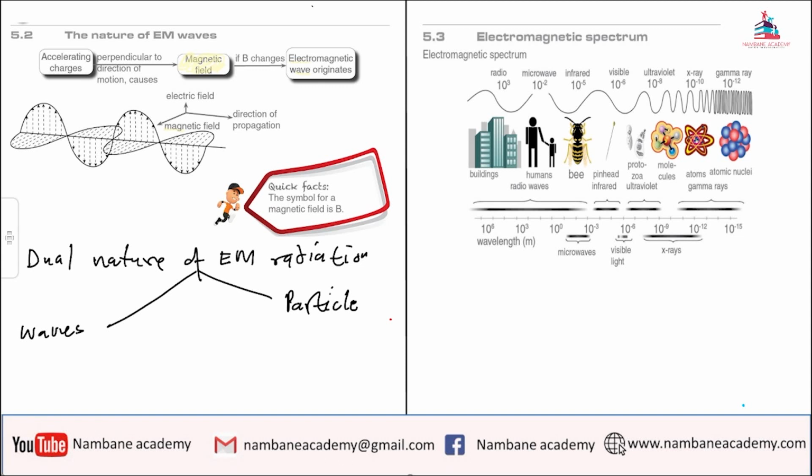This nature of electromagnetic radiation allows us to use electromagnetic waves for different sets of life challenges or life situations. Why is that the case?